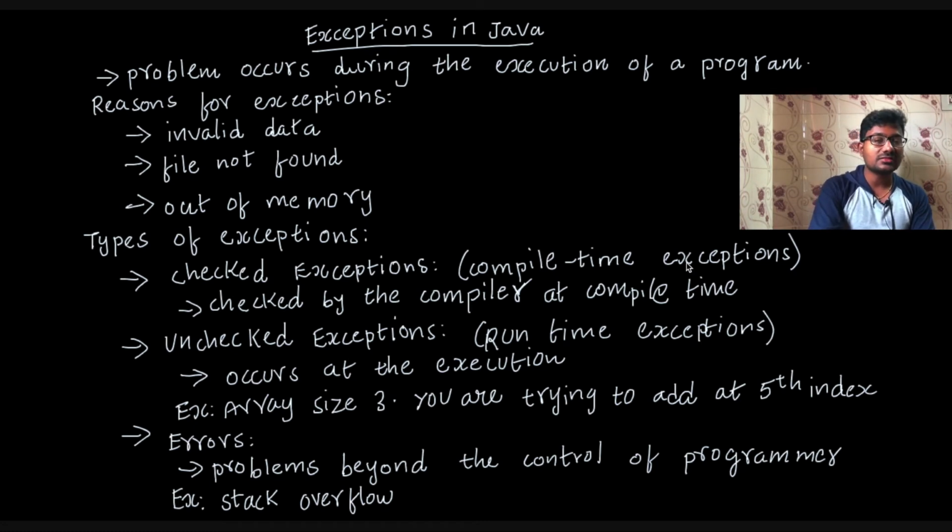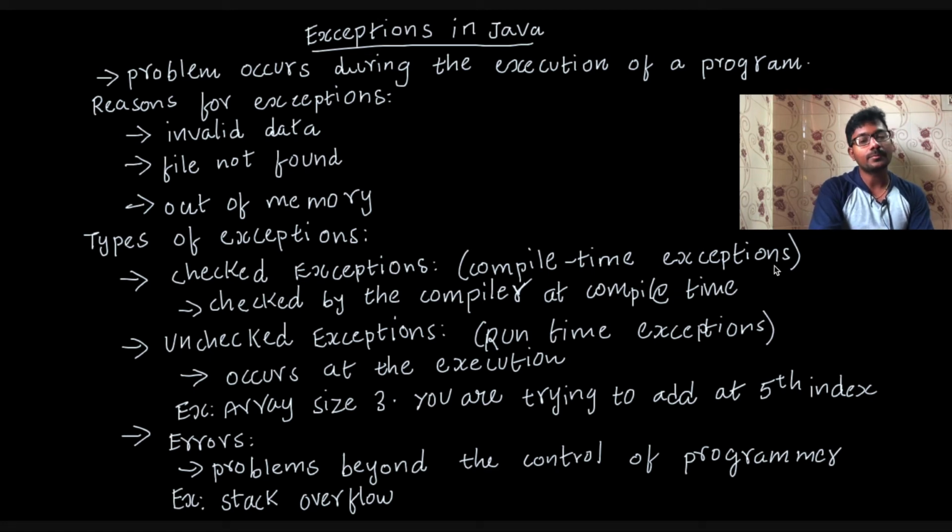So we can relate this with a real-time scenario. For example, if you are going from home to your college or office, if it's the rainy season, then you know that you should take an umbrella or raincoat for managing if rain has come. So here we are trying to overcome that exception, which is called a compile time exception.